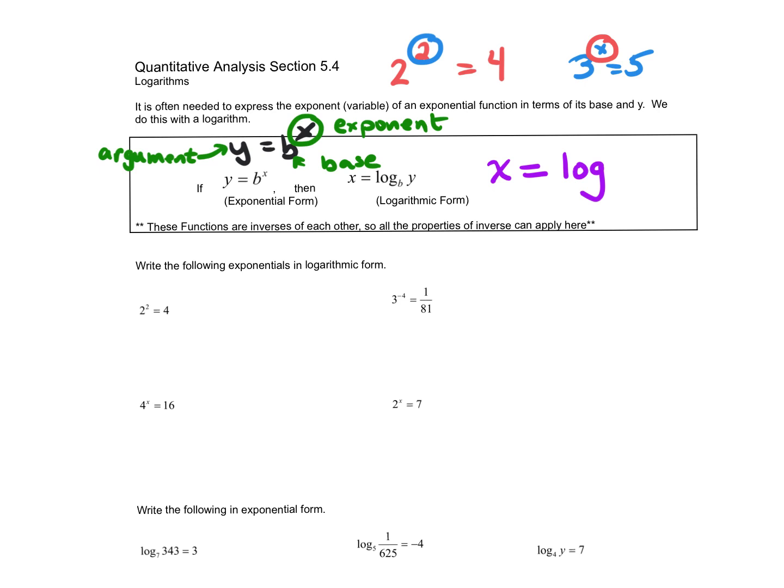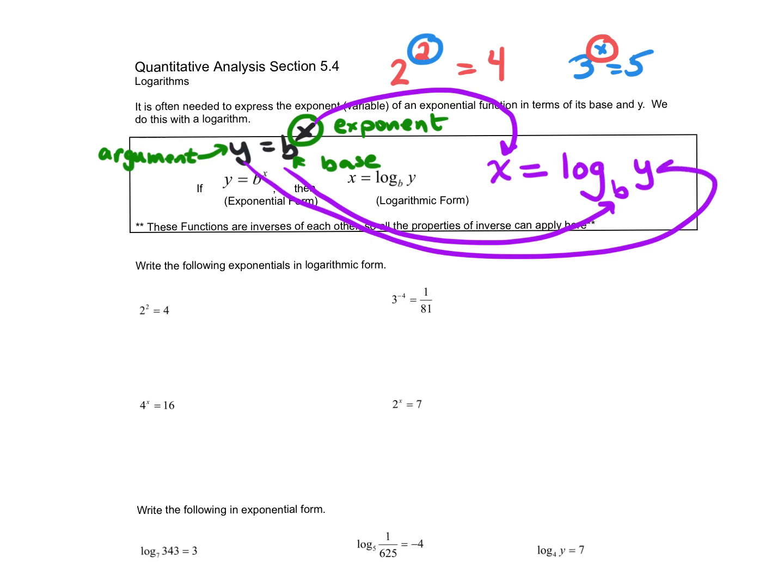So the base is going to be b, and the argument is going to be y, as you see here. So things get rearranged. The exponent is always a log, so it goes by itself. The base of the exponential is the base of the log, and then this argument value will go right here. So this rearrangement will give us a log value.